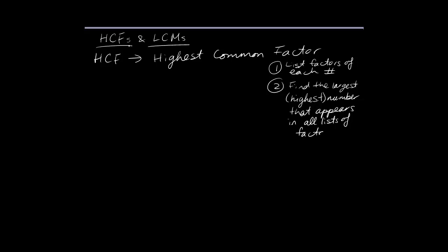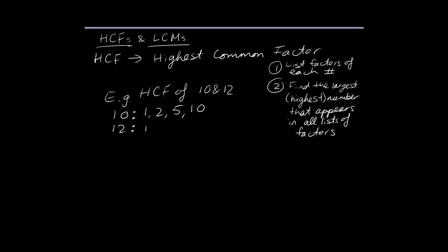Okay, so let's have a look at this in action. So suppose we needed to find the highest common factor of 10 and 12. So step 1 is to list the factors of both the 10 and the 12. Factors of 10: 1, 2, 5 and 10.